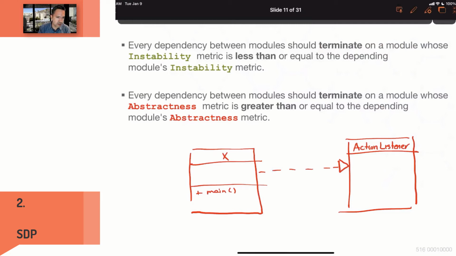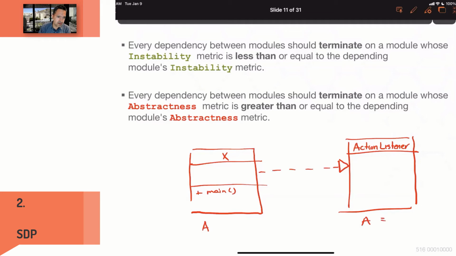Therefore, it is a concrete class. The connection is a realization. According with these numbers, that one is a good connection. What do you want to use? You want to use abstraction or you want to use stability? Abstraction.